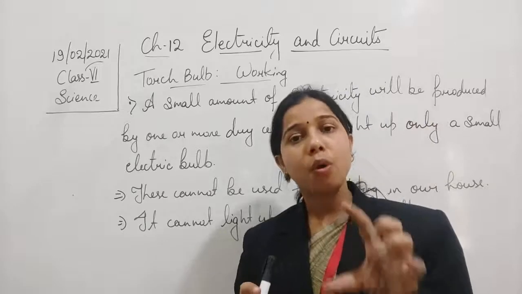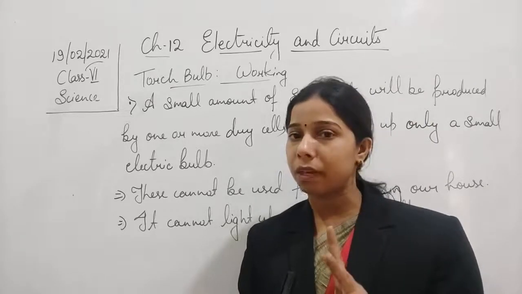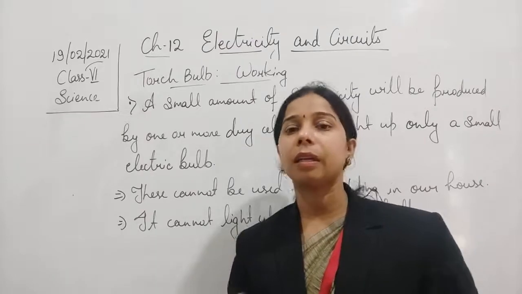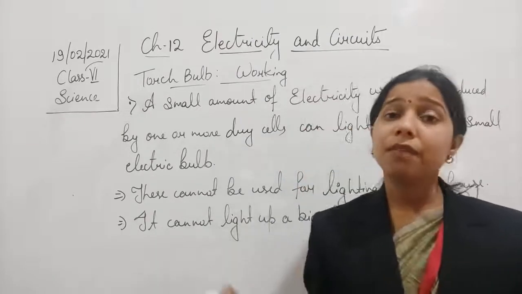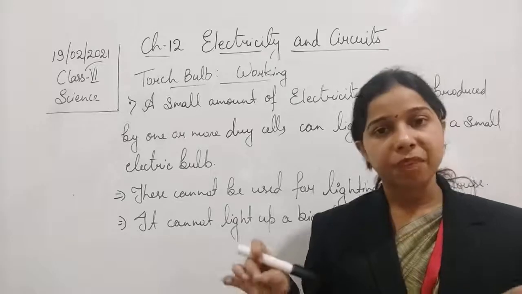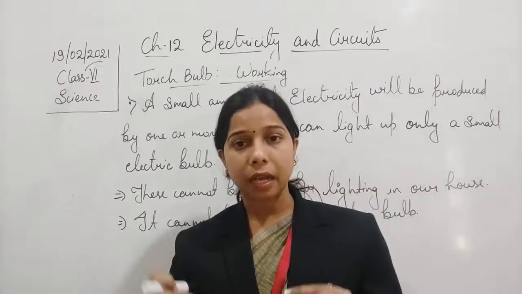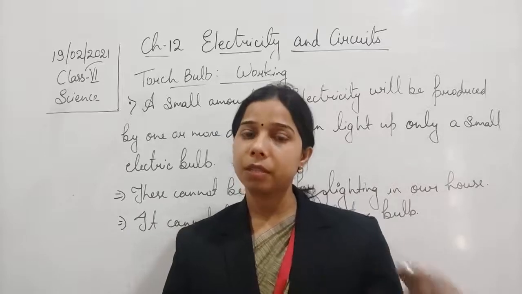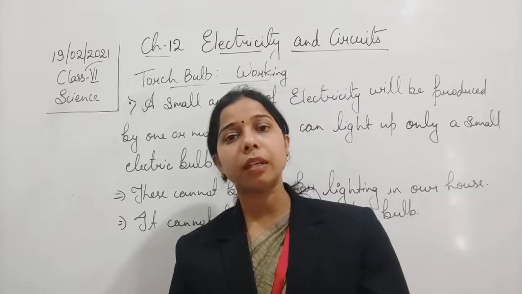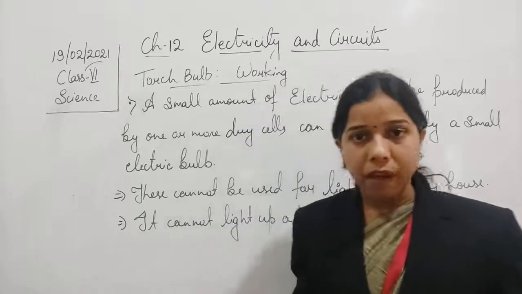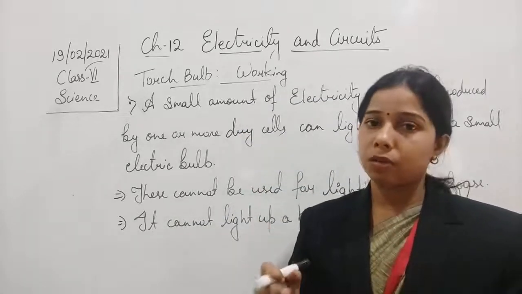This bulb also has two terminals: a metal tip is the first terminal, and the metal case is the other terminal. Whenever we connect the wires with the cell, one wire is connected from one terminal of the bulb and the other wire to the other terminal, and both wires are connected to the positive and negative terminals of the dry cell.